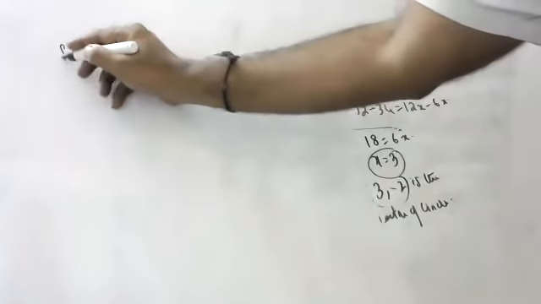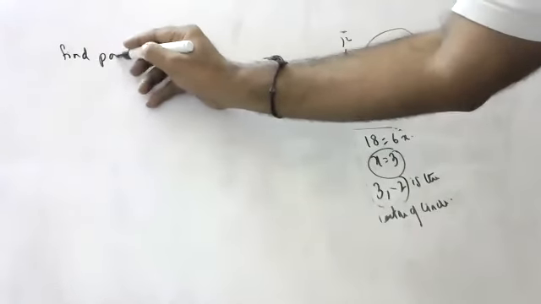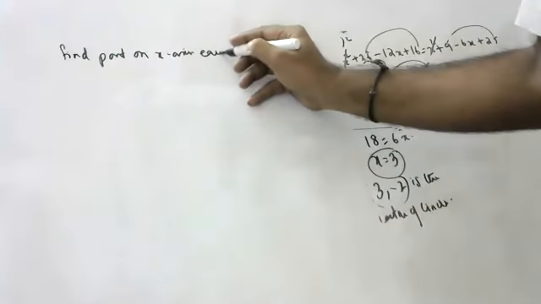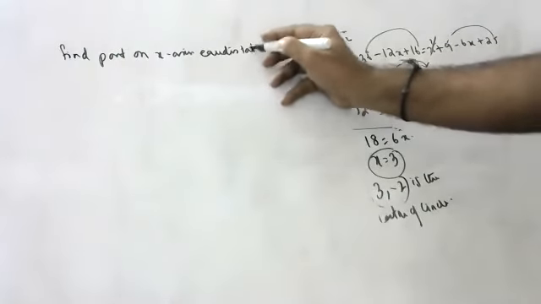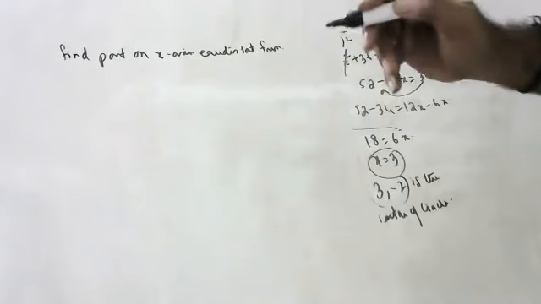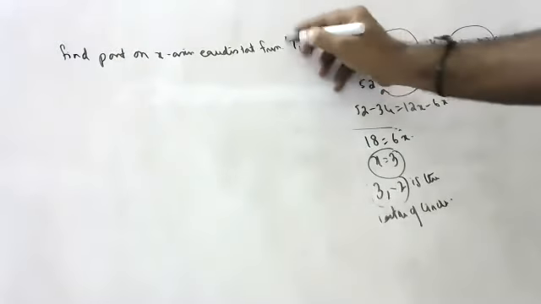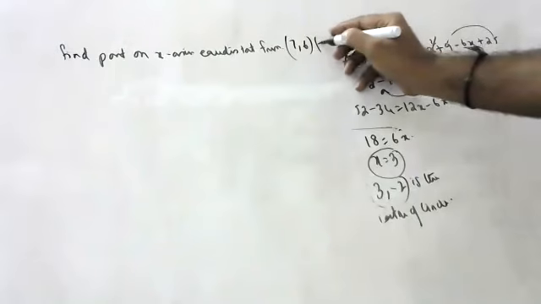Find a point on x-axis equidistant from 7 comma 6 and minus 3 comma 4.